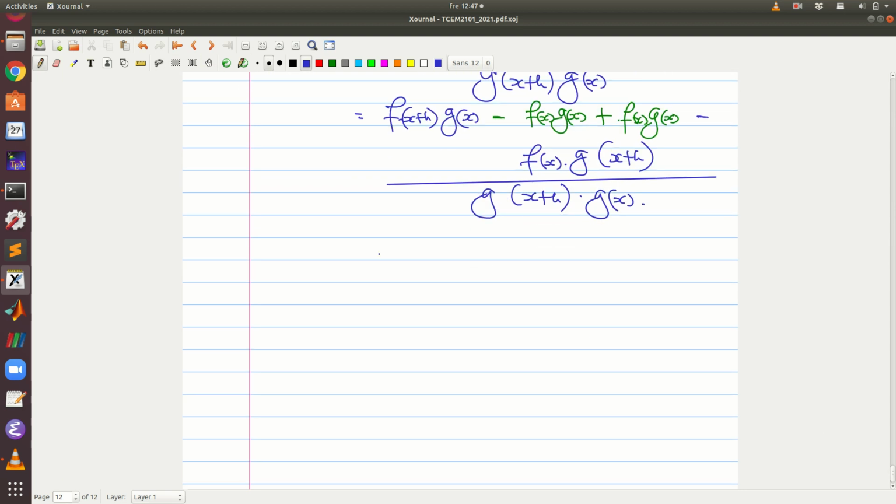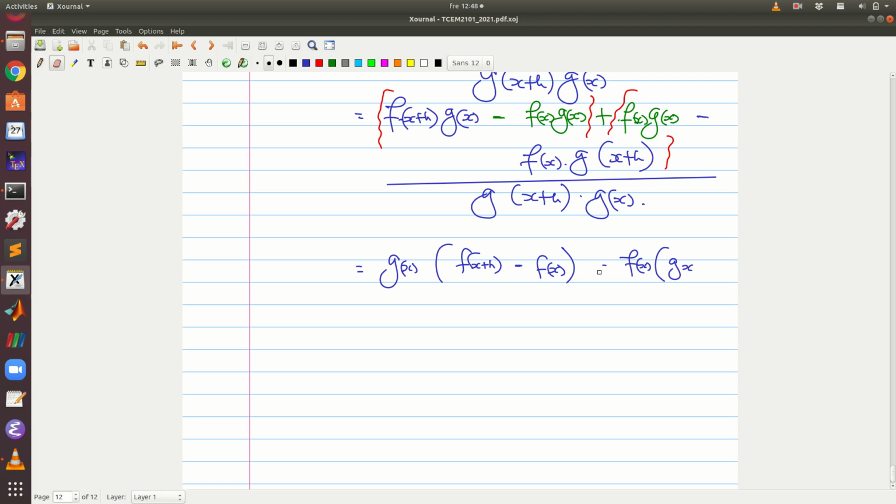Okay, then next we are going to combine this and that, and then we combine this and that. So now if we combine the first two terms, we factor out g of x, so we have g of x, and then we have f of x plus h minus f of x, and then if we put a plus outside here, in the next two terms we can factor out f of x, and then this will be g of, oh, this is a negative.